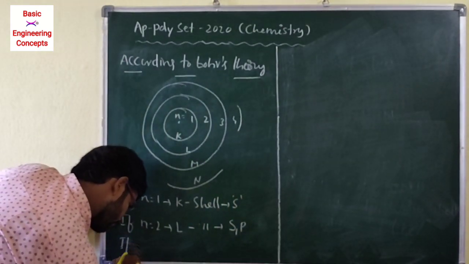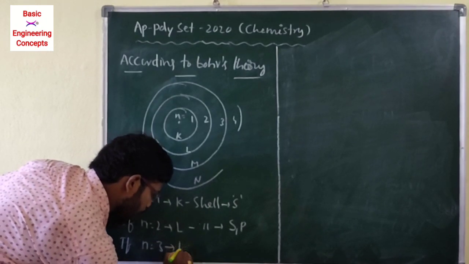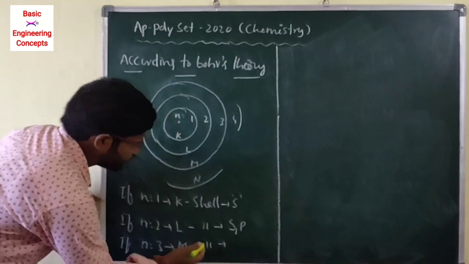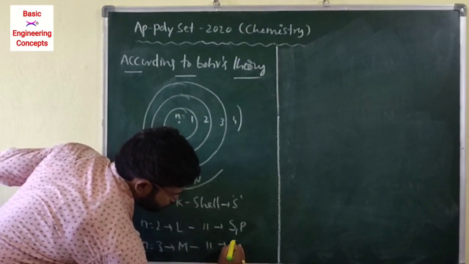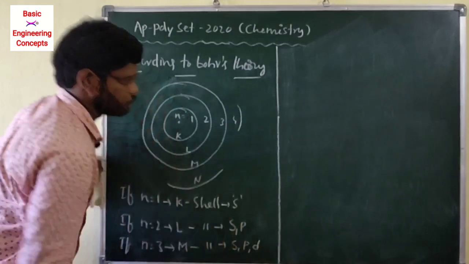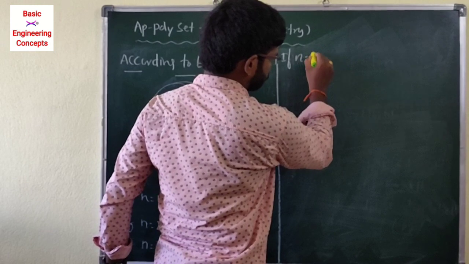If n equal to 3, it is the M shell, and 3 subshells are present: s, p, d.